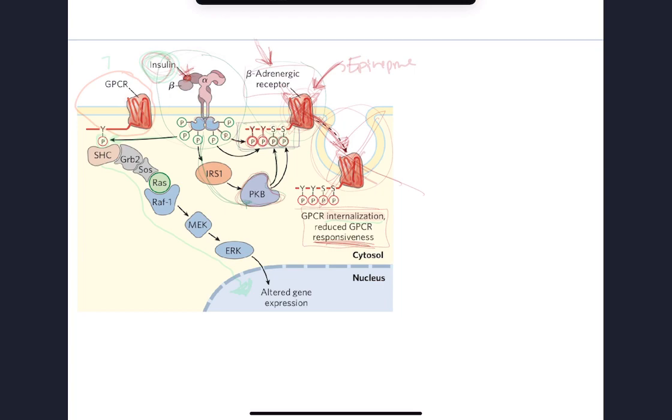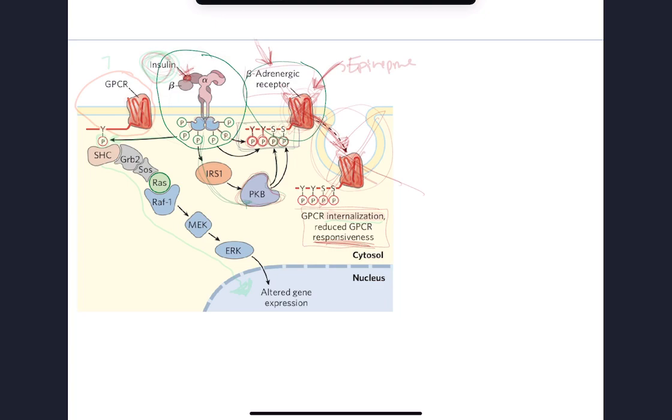And that's going to lower the cell's sensitivity to epinephrine. Okay, it's kind of a crosstalk. Let me try to reword that. So, here's our insulin receptor. Here's our GPCR, the beta-adrenergic receptor, which is a GPCR. So let's focus on these two.